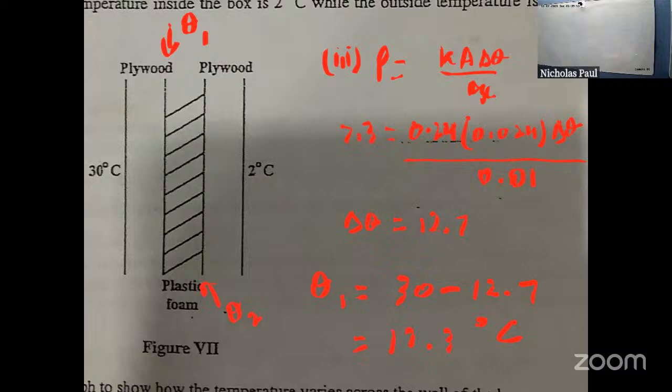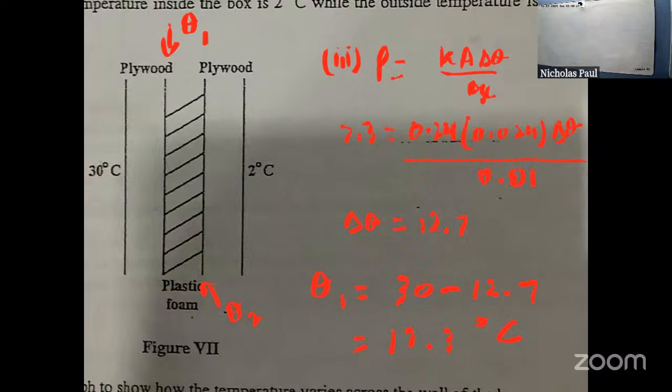What would the temperature be there, Pete?